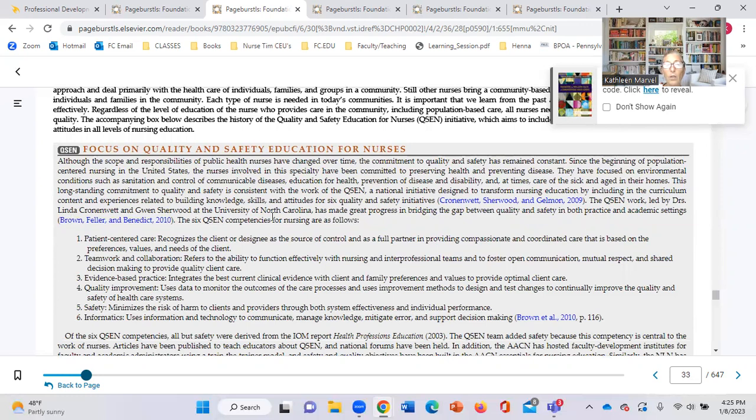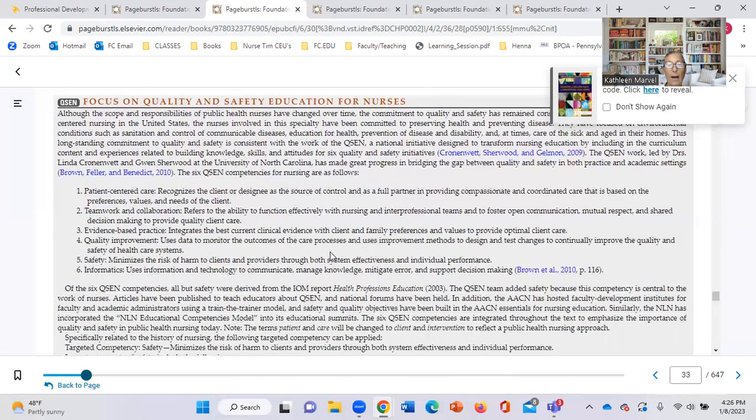These are the 6 QSEN competencies of nursing: patient-centered care, teamwork and collaboration, evidence-based practice, quality improvement, safety, and informatics. You will get asked about this on the exam. Okay. 6 quality and safety education for nurses competencies. So I need you to have an idea of what these 6 are.